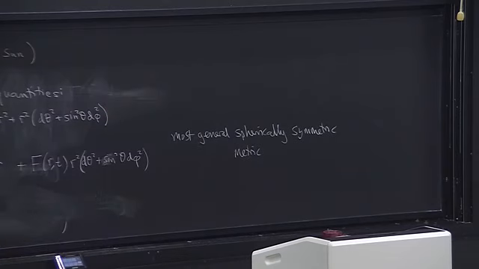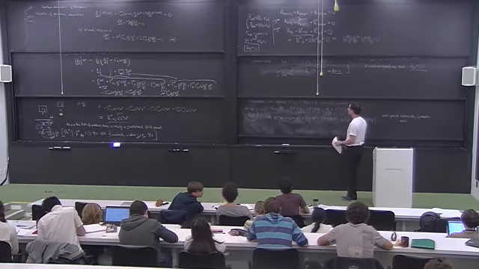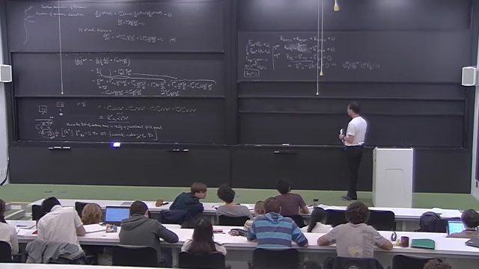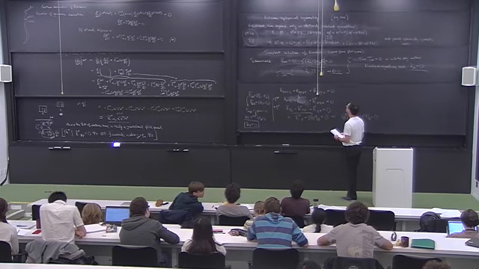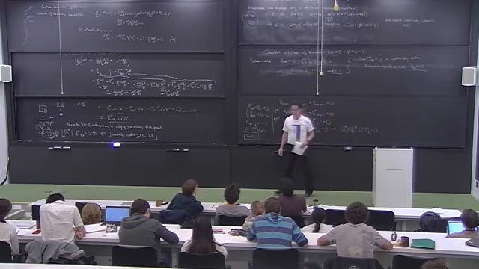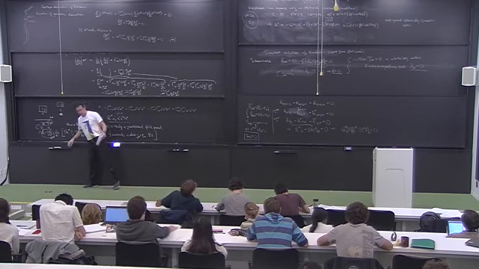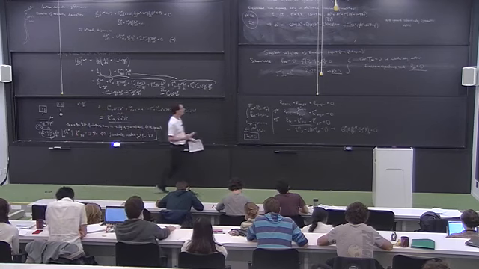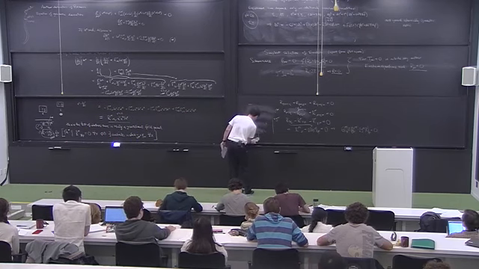But you can simplify it because we are free to choose different coordinates. So in particular, that off-diagonal, well, we can immediately get rid of two of those functions.